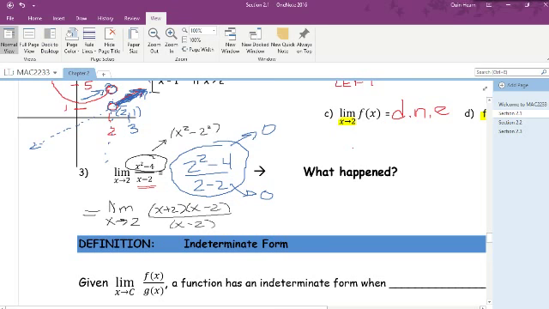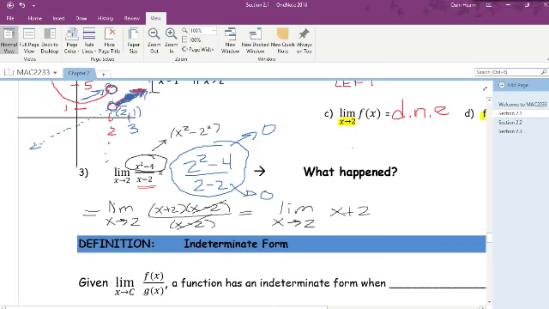All right, so it turns out that if you can simplify algebraically, you can actually get the same limit. What I mean by that is the limit as x approaches 2 of this complicated expression is the same as the limit as x approaches 2 of just x plus 2, if you cancel out the x minus 2 and the x minus 2.